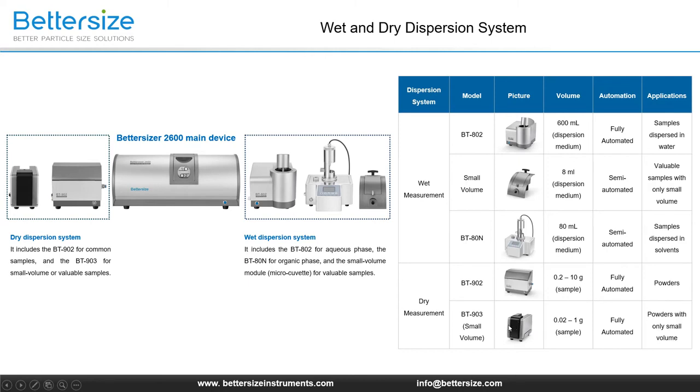Small volume modules are designed for applications where the sample is valuable or produced in small volumes. The modular design of the Bettersizer 2600 guarantees a quick and easy switch between the dispersion modules without inconvenient cleaning or troublesome hardware and software adjustments.